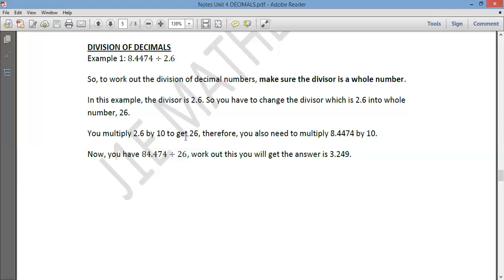The same thing you have to apply to your dividend, which is 8.4474. You also multiply by 10, so this number changes to 84.474, then divided by 26. Then you just do the normal division that you learned in primary school, and you will get the answer.